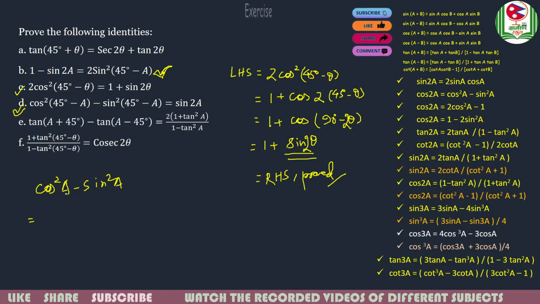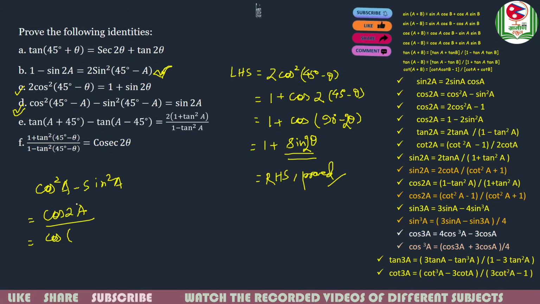Cos square minus sin square is cos 2a. But here in this case, instead of a there is 45 degree minus a.